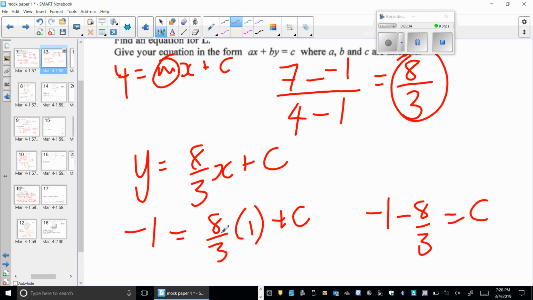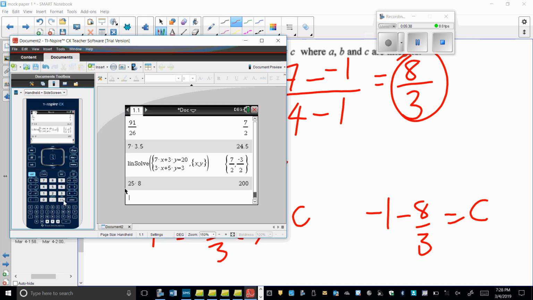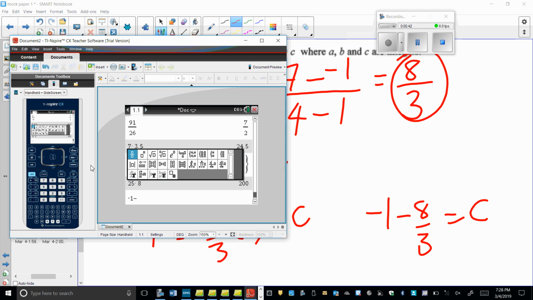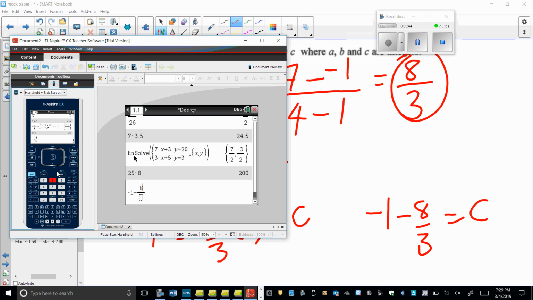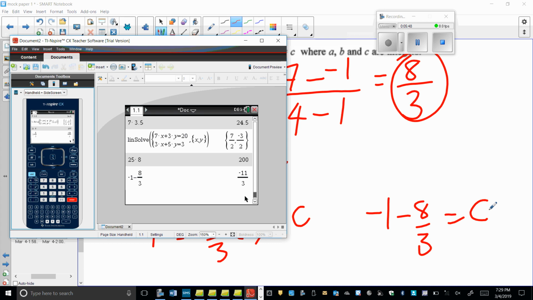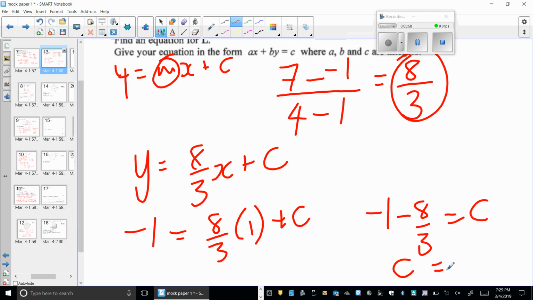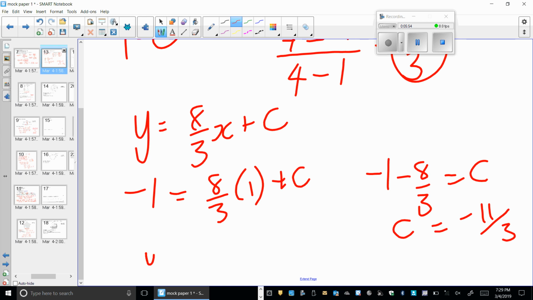Okay, so I've subtracted 8 over 3 from both sides. So -1 subtract 8 over 3, -11 over 3, so c is -11 over 3. So my equation is now y equals 8 over 3x subtract 11 over 3.